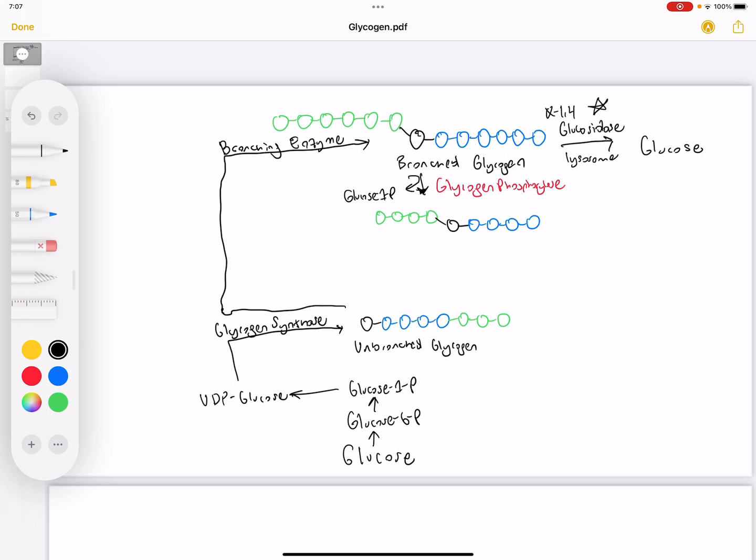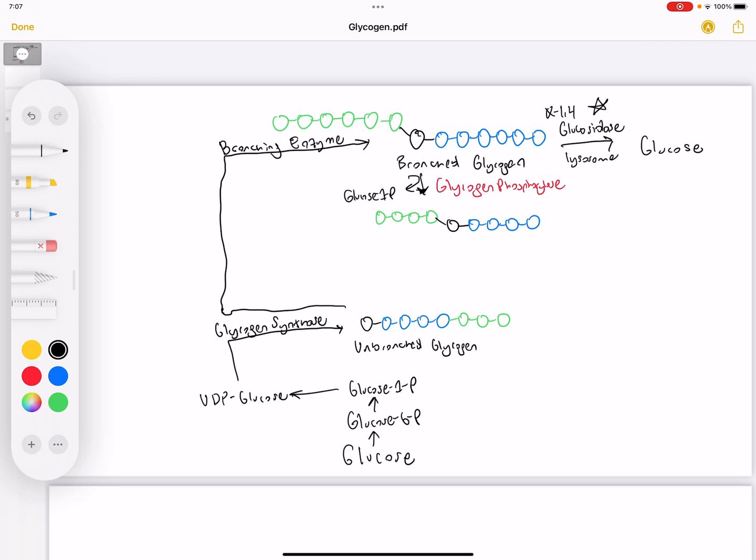And this is really important because this is called a limit dextrin, and we're going to need even more unbranching enzymes to get the rest of the glucose out.